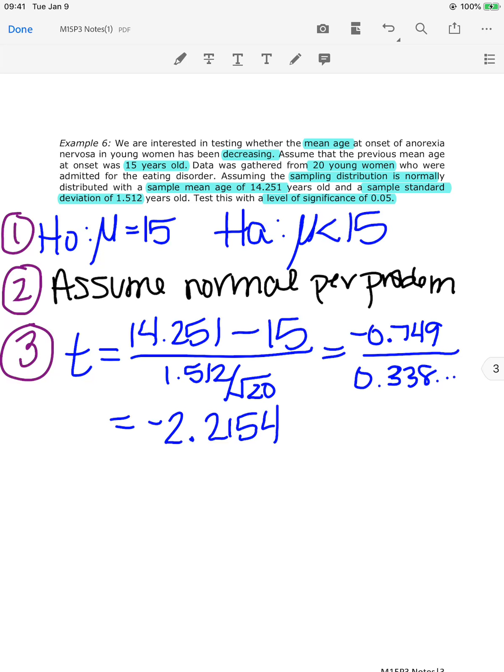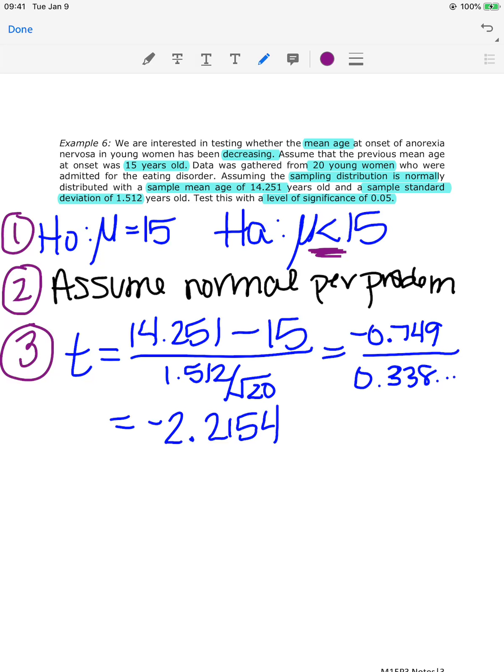All right, now we're going to learn about a new function in our calculator, and you'll be able to find it pretty quickly. So we need to calculate the probability of being less than, because it's a left-tailed test, so that means less than negative 2.2154.